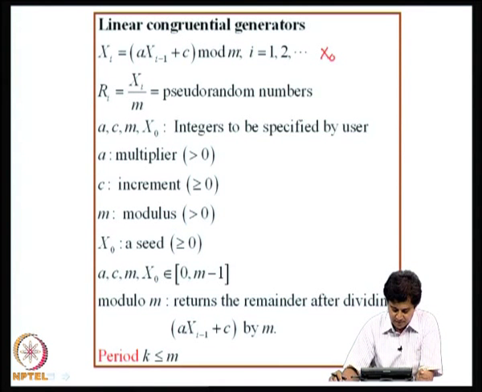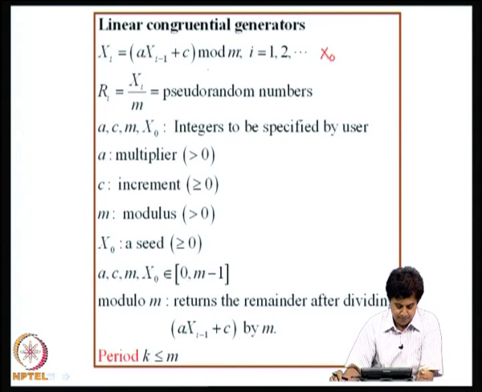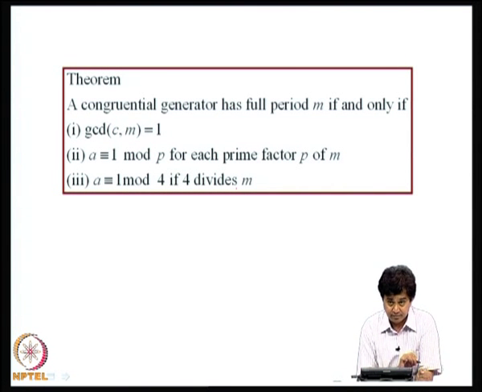to make best use of this generator, and there are theorems in number theory which state under what condition a congruential generator has full period m, and it has something to do with the choice of a, c and m. So, the GCD of c and m must be equal to 1, and a equal to 1 mod p for each prime factor p of m, and a equal to 1 mod 4 if 4 divides m.